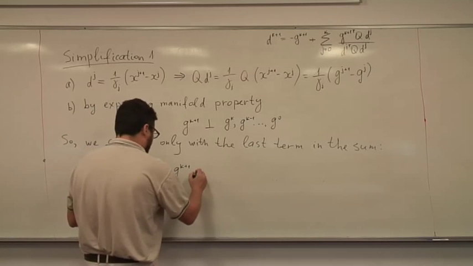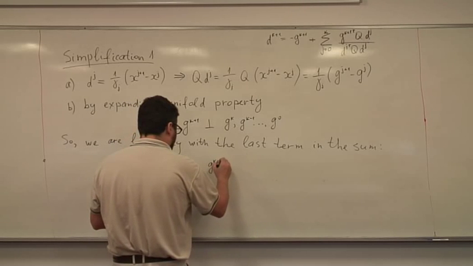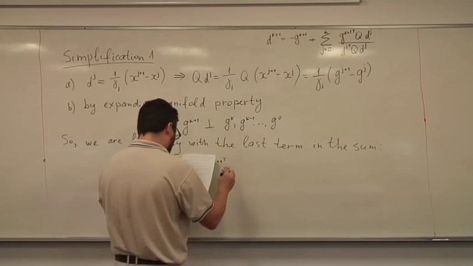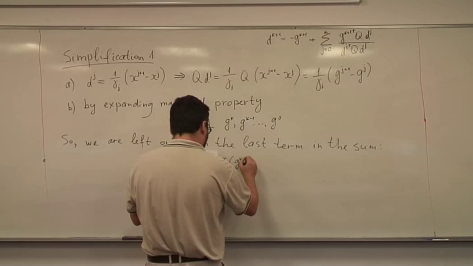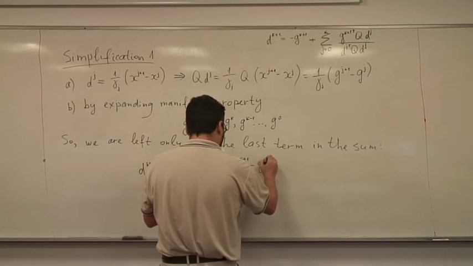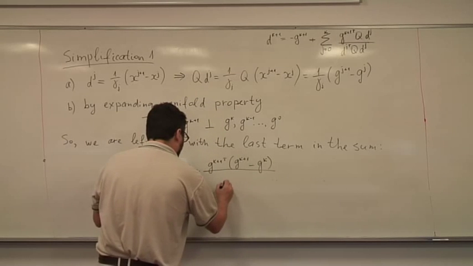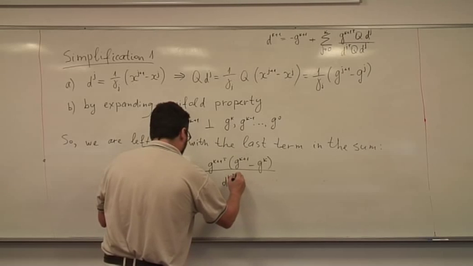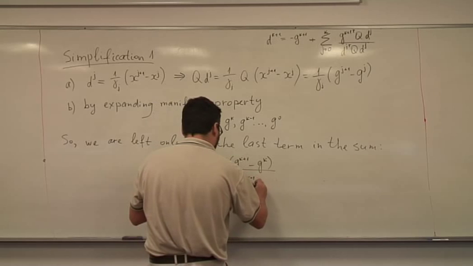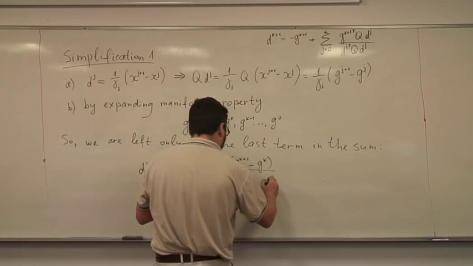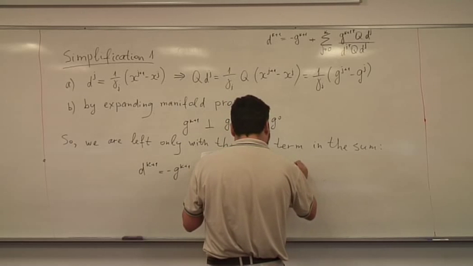And I substitute what we already know: g k plus 1 transpose g k plus 1 over dk transpose g k plus 1 minus gk, multiplied by dk.